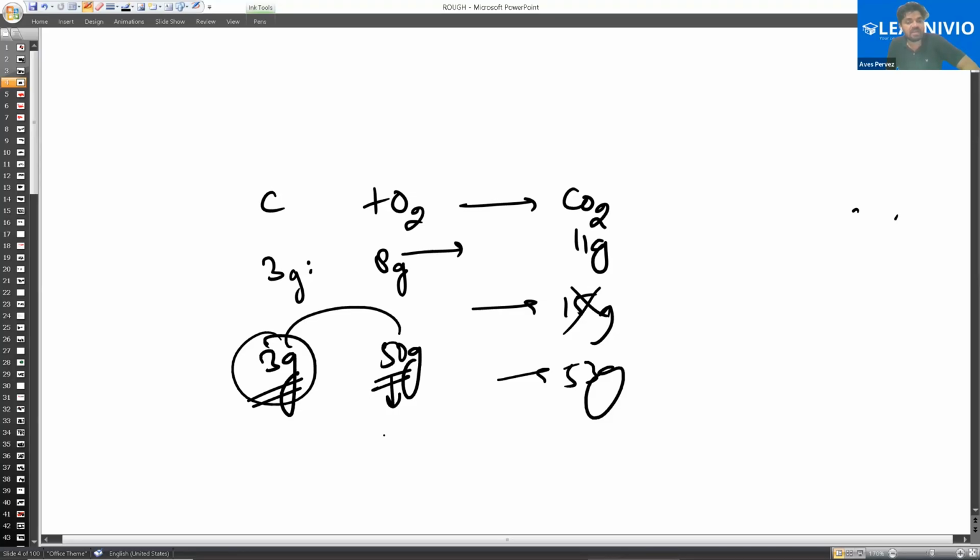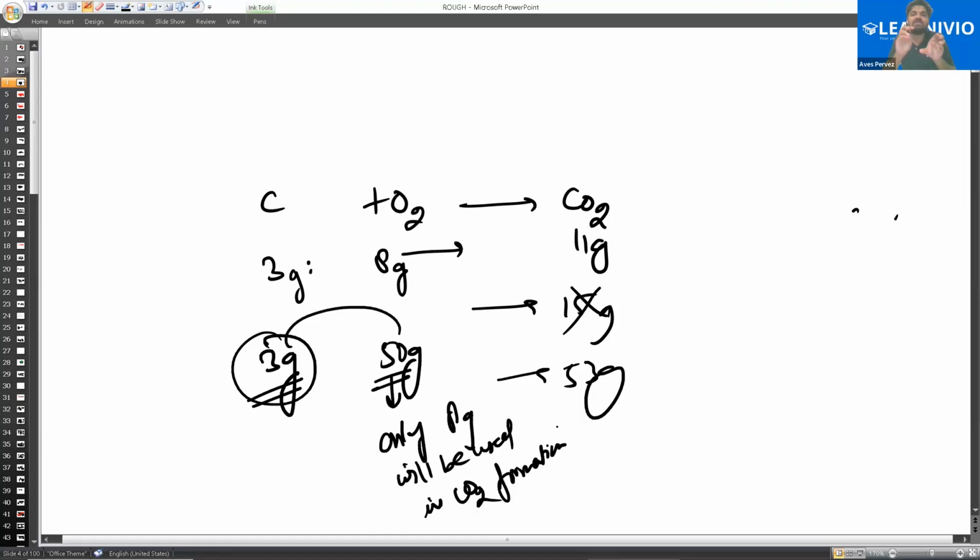So from these 50 grams, only 8 grams will be used in CO2 formation, and the remaining 42 grams will remain in the container. It will not react, because the whole 3 grams of carbon is consumed. We don't have carbon. So if the ratio is fixed at 3 is to 8, for 3 grams of carbon it will be 8 grams of oxygen. Okay. Understood? Yes or no?